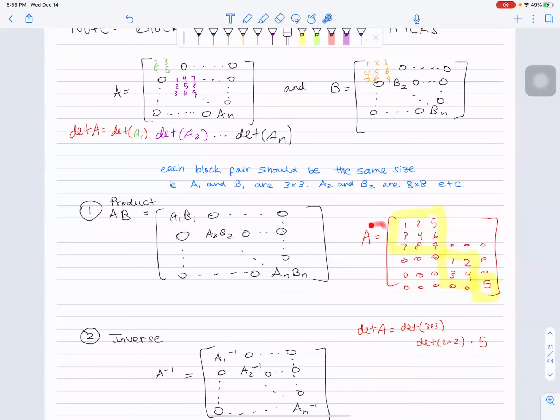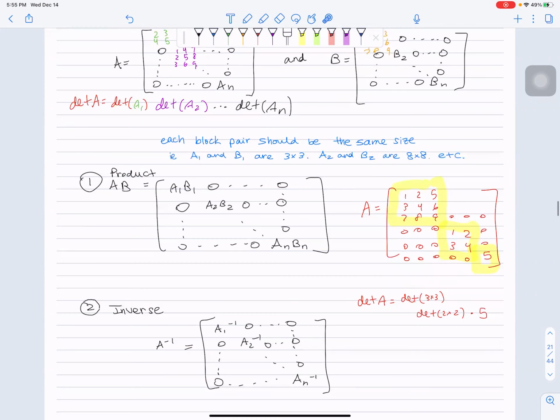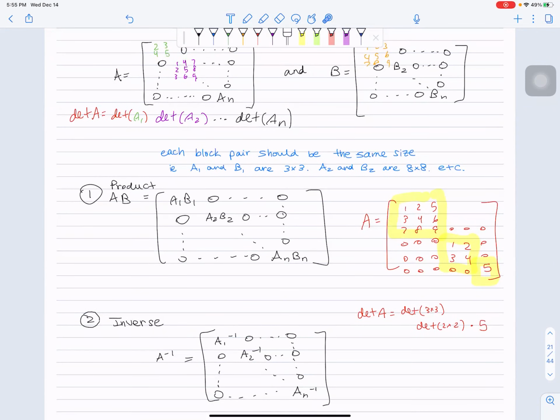If you wanted to take A and multiply it by something else, like this matrix B, then you have to see if the matrices are the same size. They have to be the same size if you want to use this trick to multiply them. Otherwise, you have to actually multiply how you normally multiply.